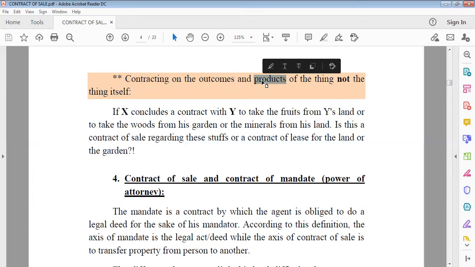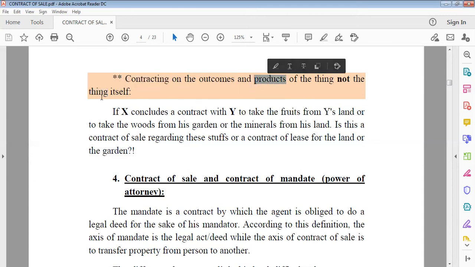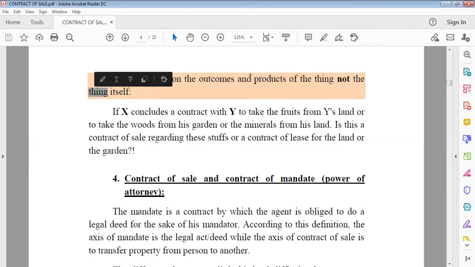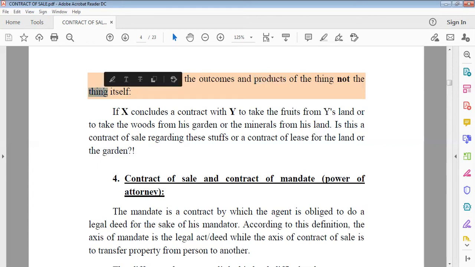Like taking the fruits, they do not affect the thing which gives me the fruit, which is the tree. However, the products are things that are taken from a thing, like the woods that are taken from the garden, the petrol which is taken from the ground, the minerals which are taken also from beneath the ground. So these products are given to you irregularly, and also when I'm taking them, they affect the origin of the thing itself.